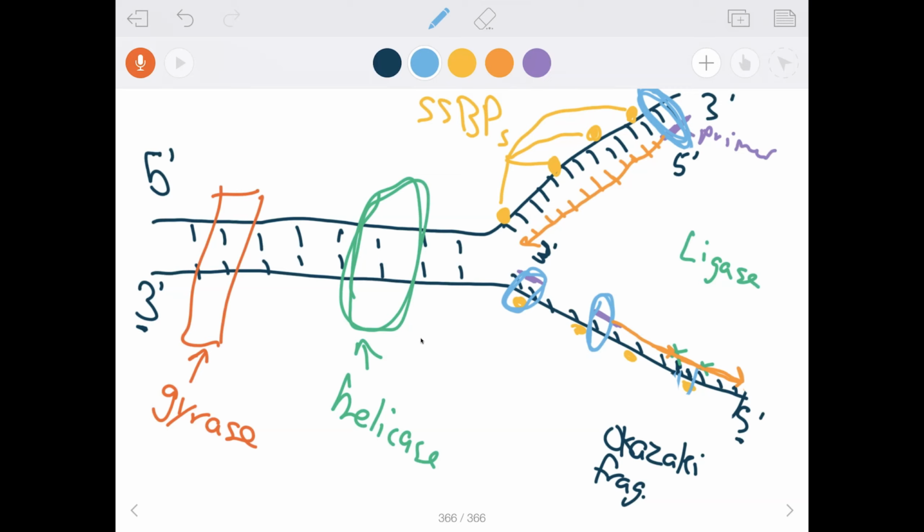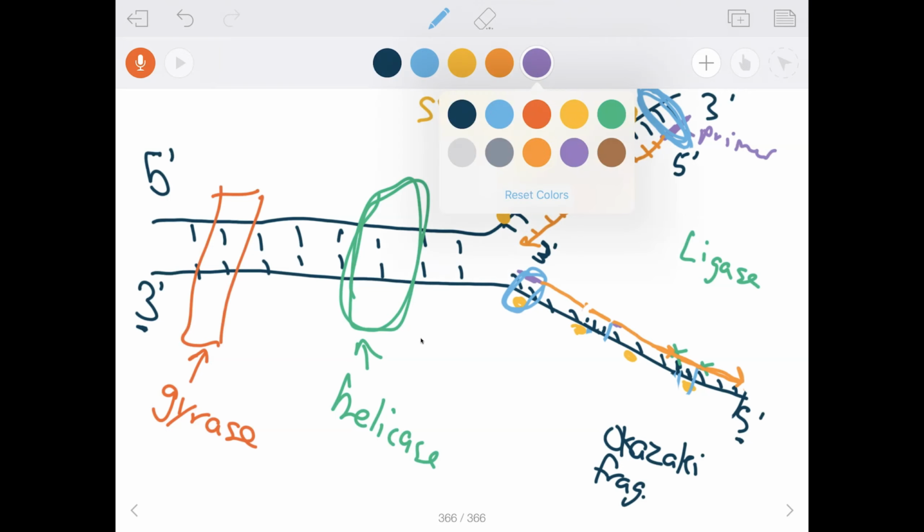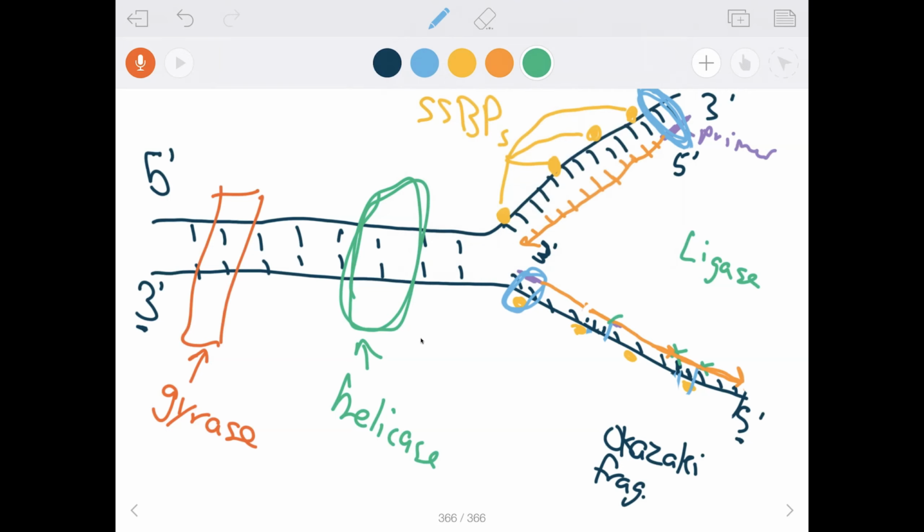Polymerase builds this next section, gets to the old primer, removes it, fills in the gap, and ligase comes along, ties it together, so it's now one continuous strand.